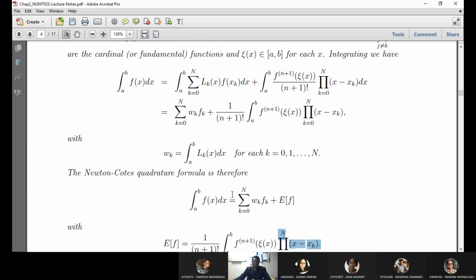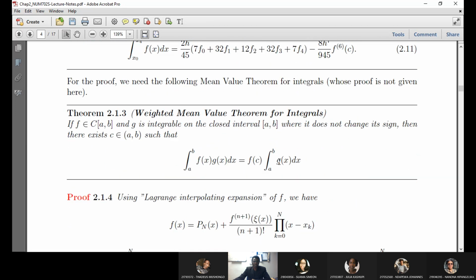And we can only do it through this theorem. You can see that the first function satisfies this condition, and the second one is an integrable function on the closed interval [a, b], and it doesn't change its sign within the interval [a, b]. So that will be our g. But f is the function that is continuous.